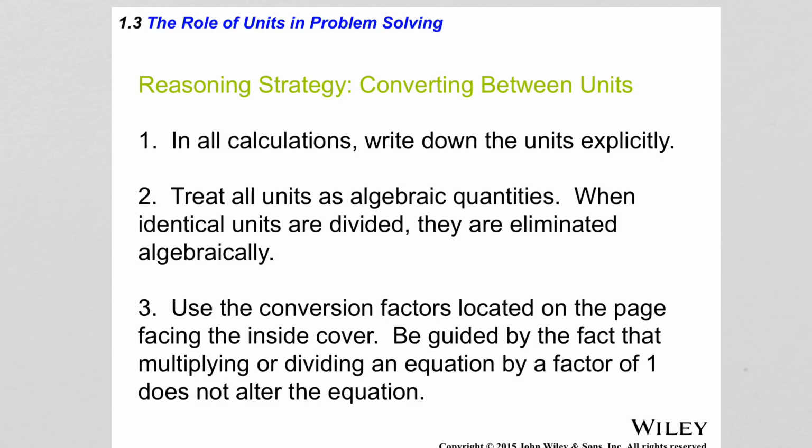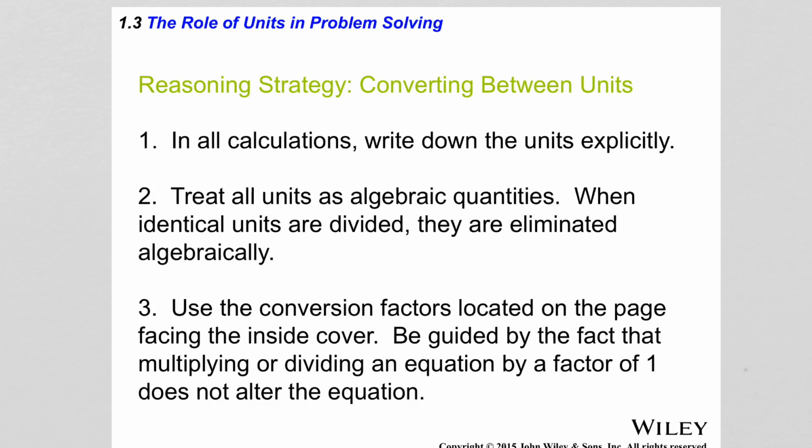Then you would treat all units as algebraic quantities. So identical units that are divided are eliminated algebraically. If identical units are multiplied, that will produce the same unit to the second power or the third power or whatever power, depending on the powers of those units.